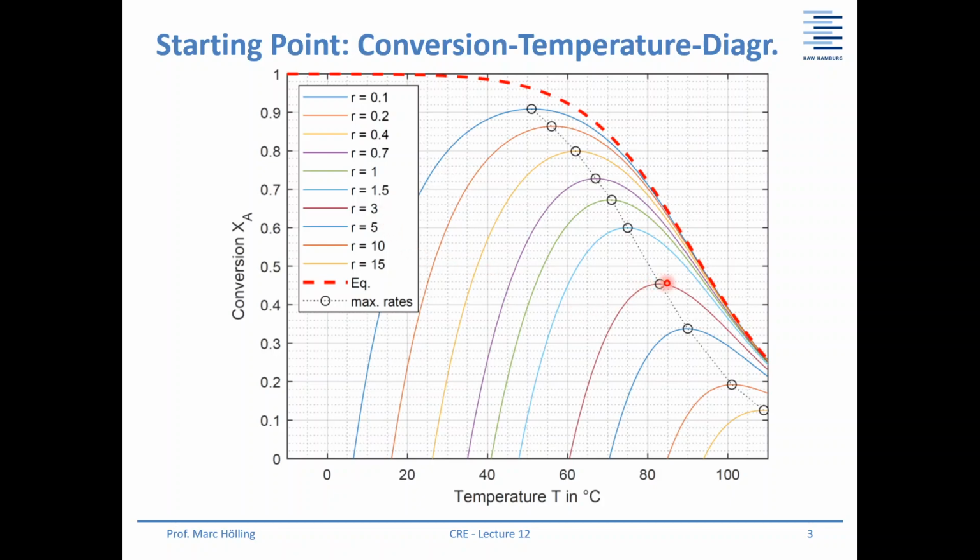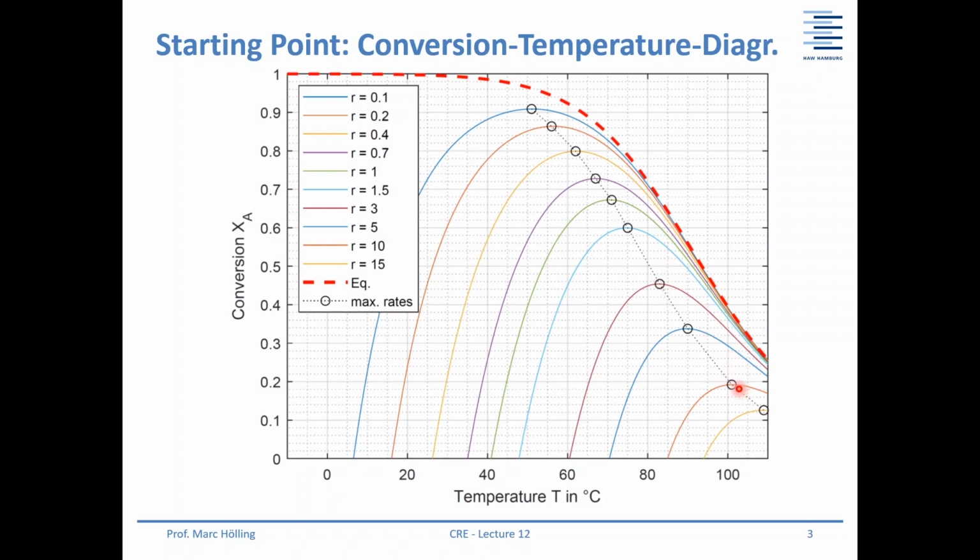If you go in this direction, then your reaction rate will decrease, because you are close to equilibrium. If you go in this direction at a certain conversion, then your reaction rate goes down, because your temperature is too low, and so by the Arrhenius equation you can see that your rate constant is decreasing.